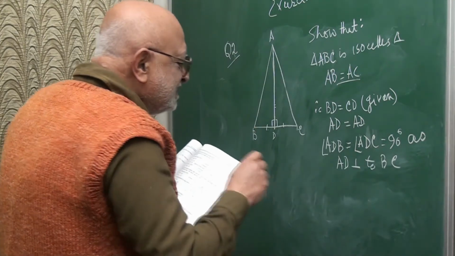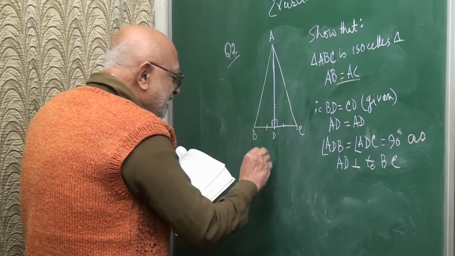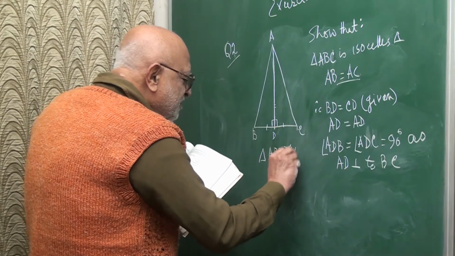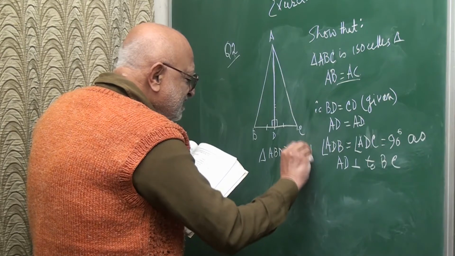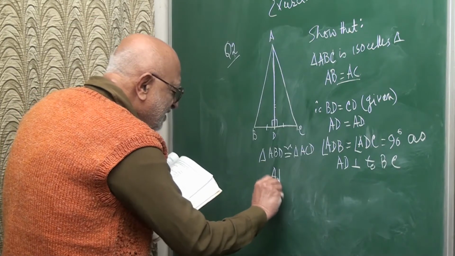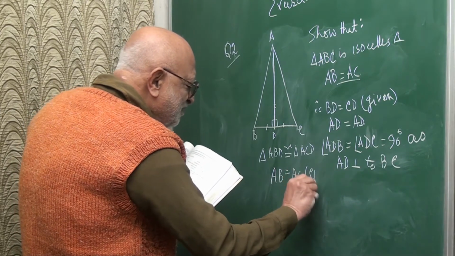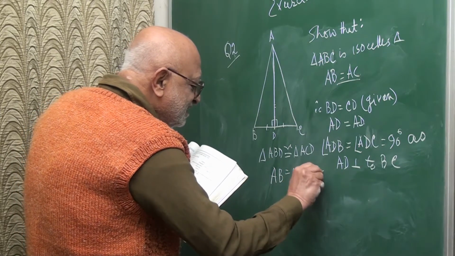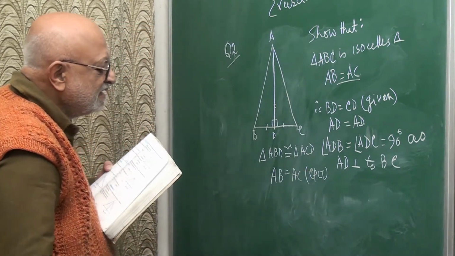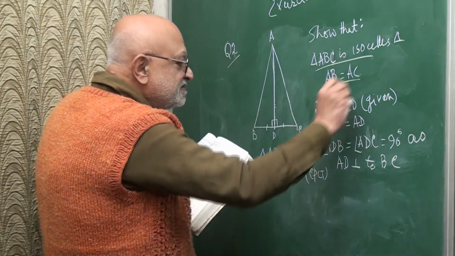Therefore, triangle ABD is congruent to triangle ACD. So what can we say then? AB is equal to AC by CPCT. Done. That is what we had to show. So this is proven.